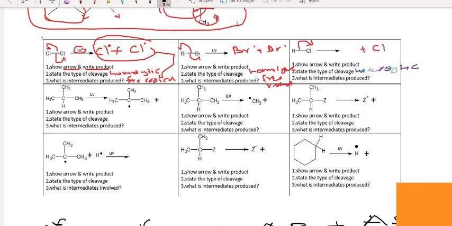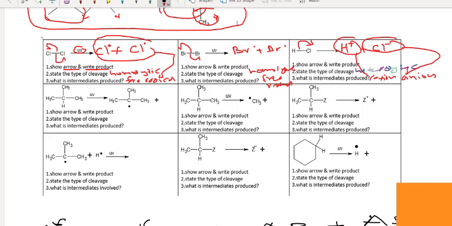Dia akan jadi Cl minus. Dan H losing electron, dia hilang, dia bagi pada Cl. So dia akan jadi H plus. Okay. So apa intermediate ni? Ni nama dia adalah cation. Ni nama dia adalah anion. Okay.